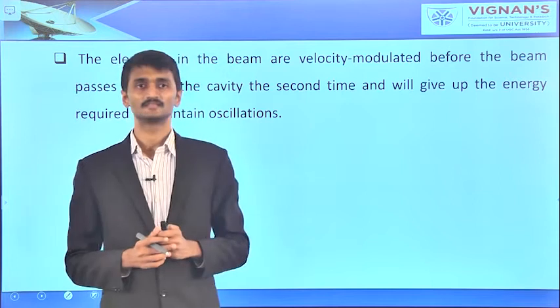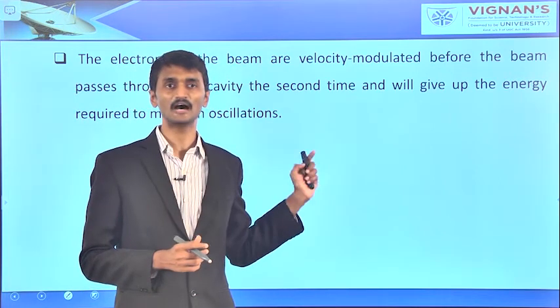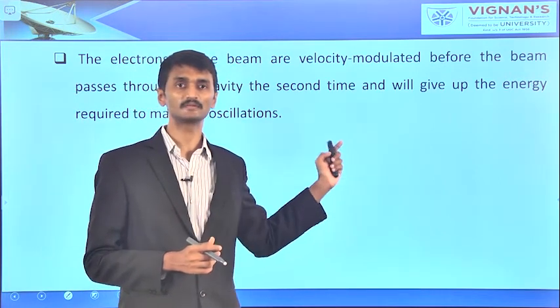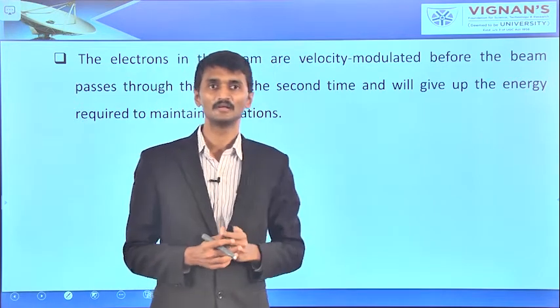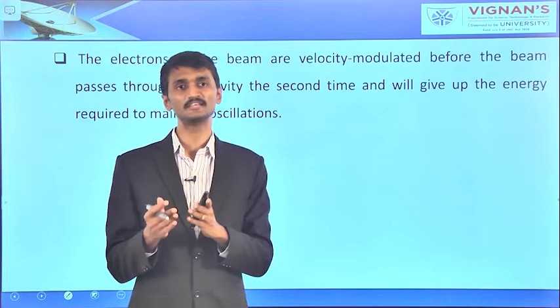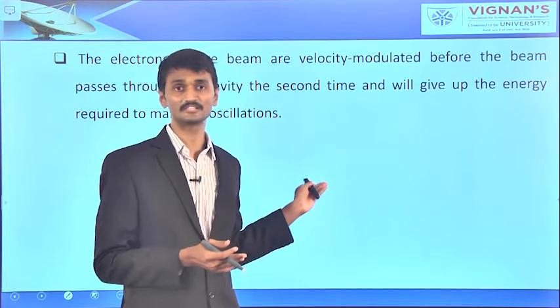Next, the electrons in the beam are velocity modulated before the beam passes through the cavity the second time, and it will be given the energy required to maintain the oscillations.